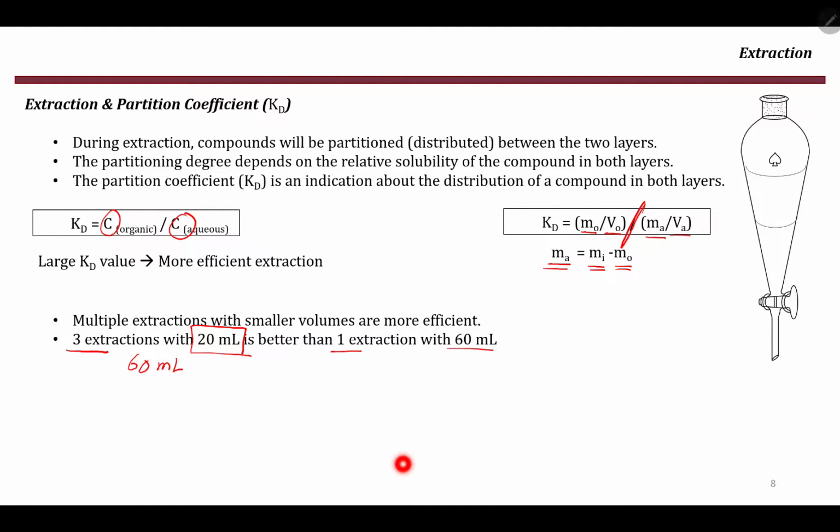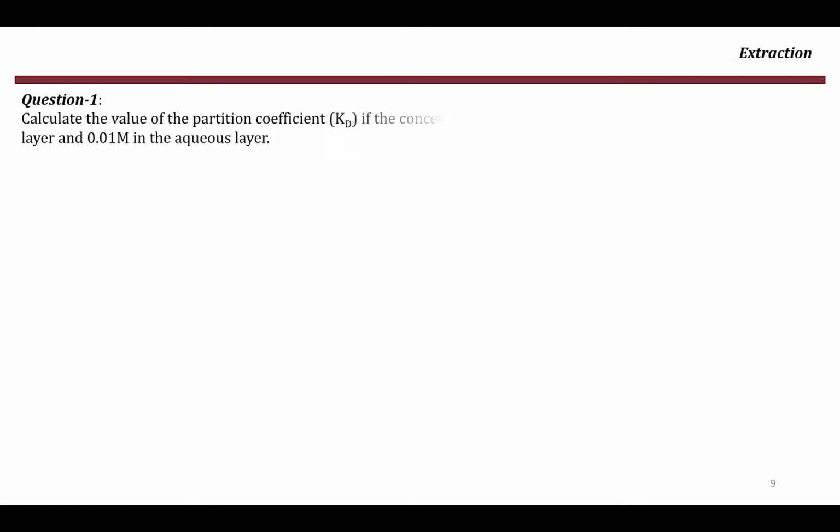However, as we will see later on in the calculations, if we do the extraction 3 times, the amount extracted will be higher than doing it at once using the same volume. So again, we will prove this by calculation later on. But for now, just keep in mind that multiple extractions are always better than a single extraction.